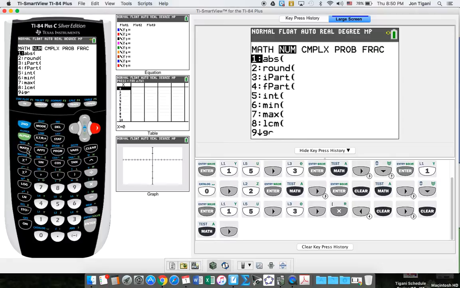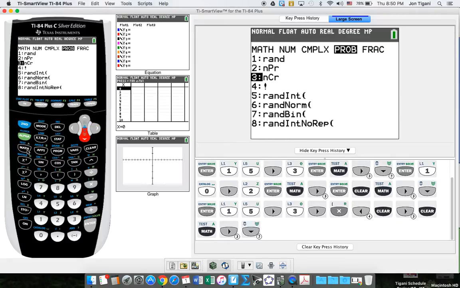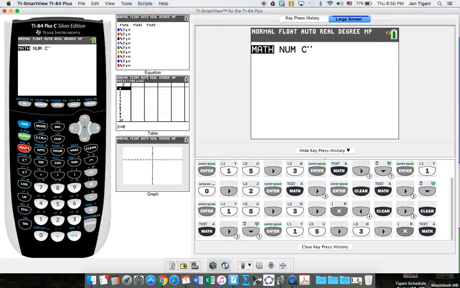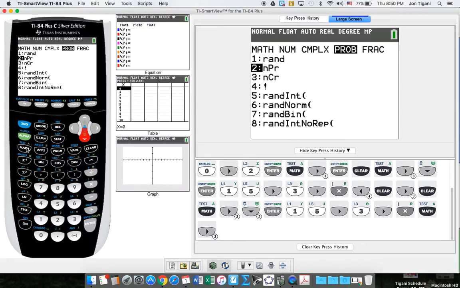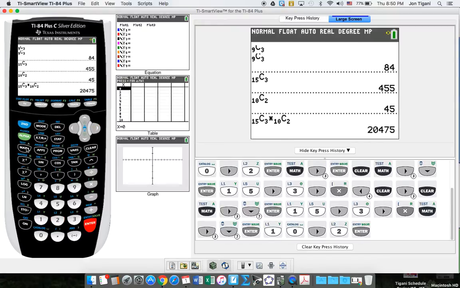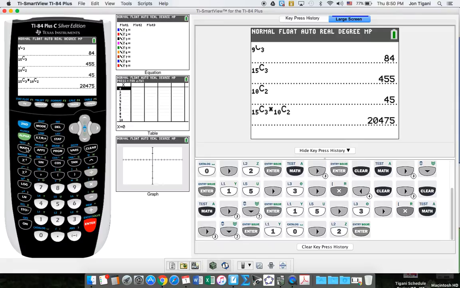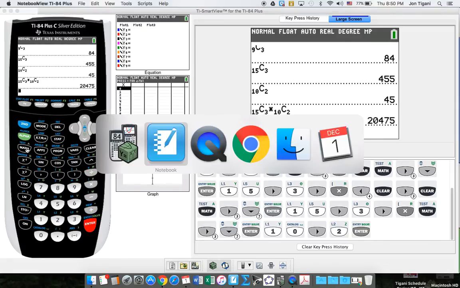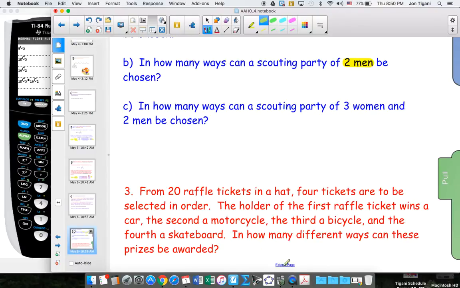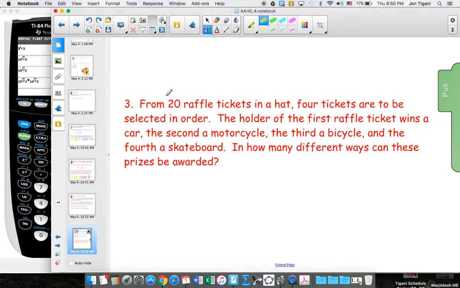Let's try this again. 3rd time's a charm. NCR, 15 choosing 3 times another combination, NCR, and this one was 10 choosing 2, and this answer should look familiar, 20,475. So these are the examples that we already worked out, but I am showing you how you could use your calculator to help you.